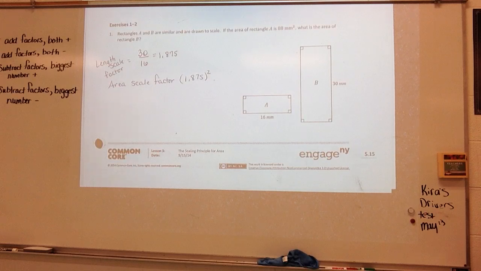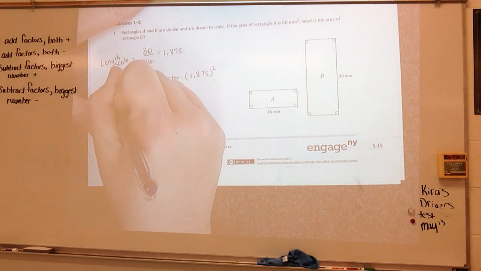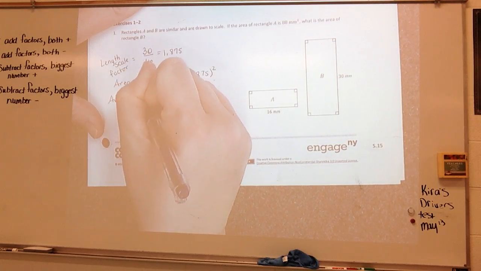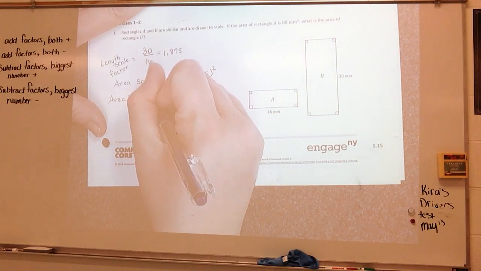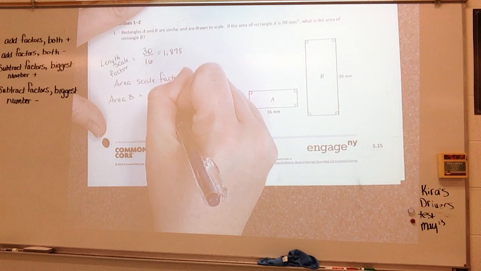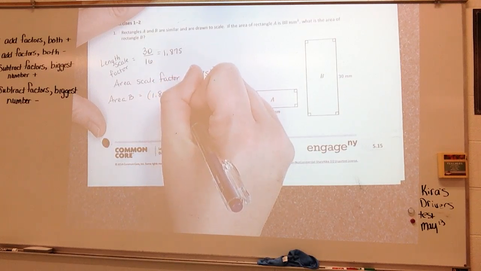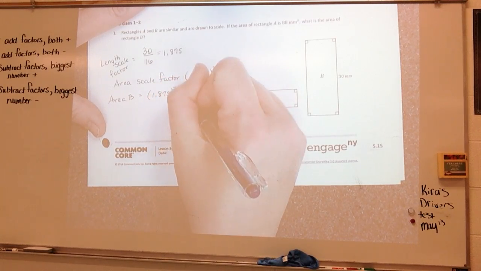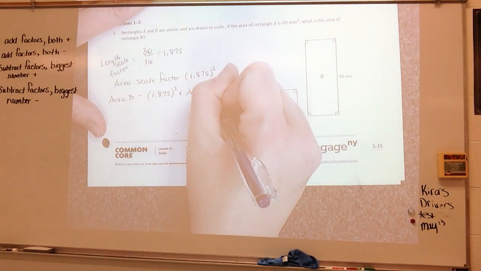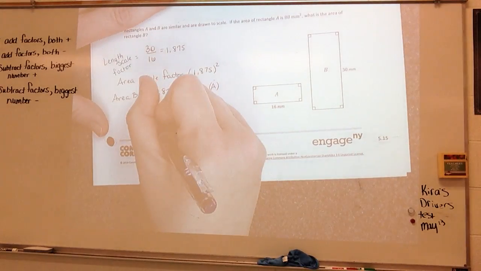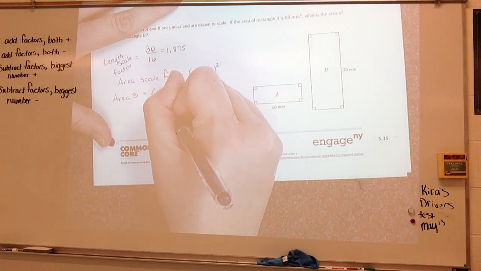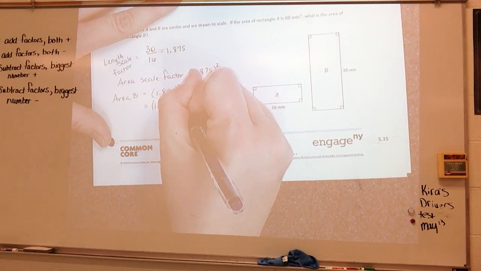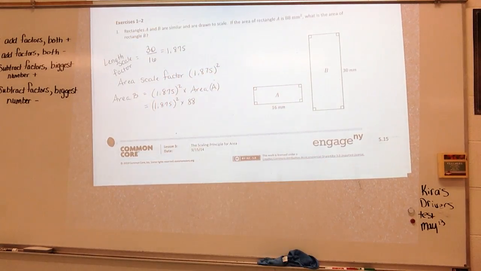So the area of B would be 1.875 squared times the area of A. So I get 1.875 squared times 88.